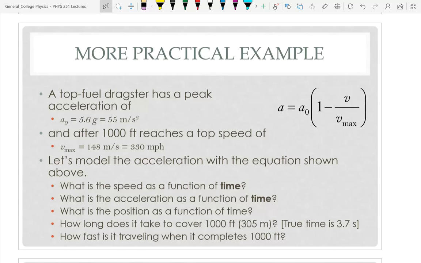But there is a hidden time, because acceleration is dv dt. So if I replace acceleration with dv dt, well, now I have time. So I have that. Let's do the work.